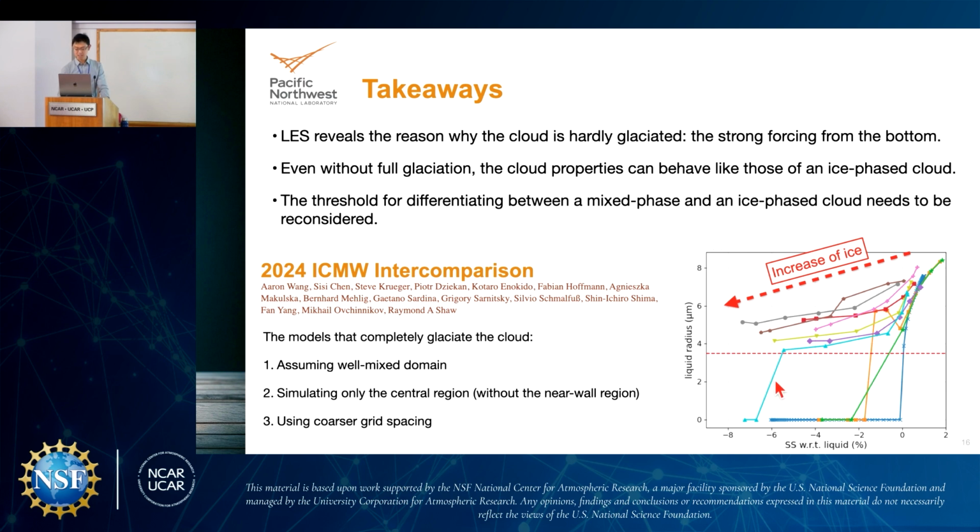And this one is an LES model with Lagrangian microphysics, but with a coarser grid spacing. So everything within the grid cell is well mixed. So it reduces the heterogeneity, or we can say it enhances the mixing within the chamber. And the cloud is glaciated.